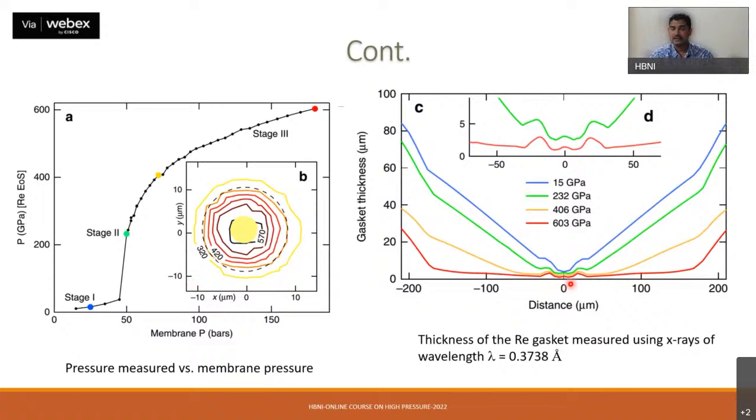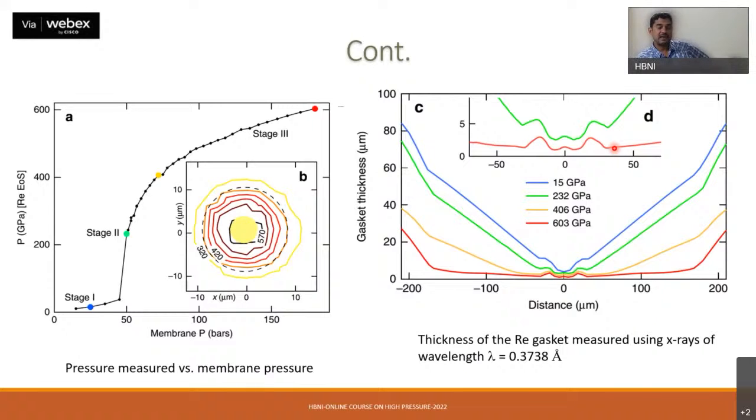And this again shows the gasket thickness versus the distance across the whole flat culet, in the 400 micron range. So you see here the special shape because of this toroidal gasket. Because of this special toroidal shape, the pinching of the gasket can be avoided.